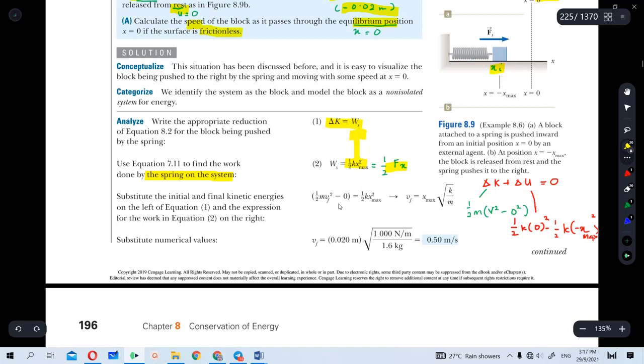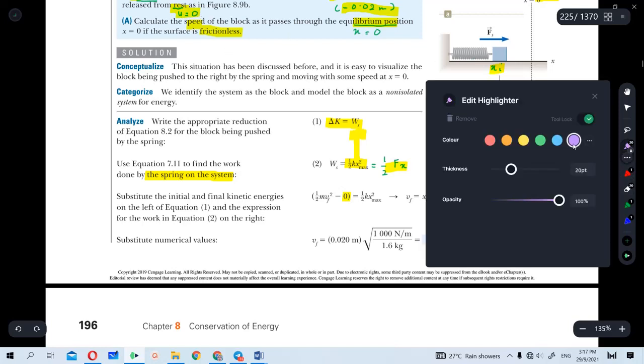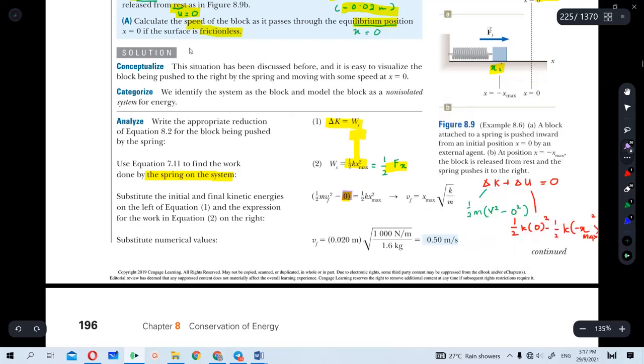Now substituting the initial as 0, so this is 0, 0, and x maximum as 0.02 meter, so make sure that you substitute correctly.